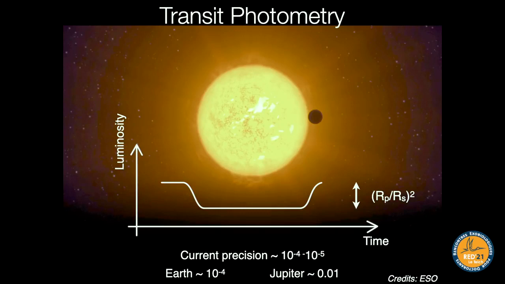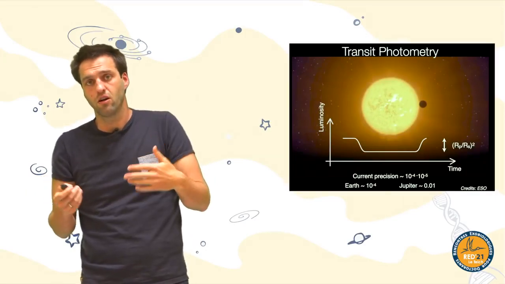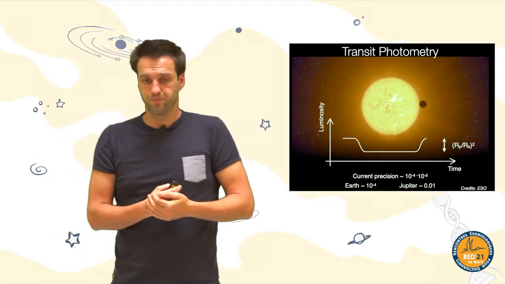Now, this method is very complementary, because here we see that this drop in luminosity is proportional to the area that the planet covers relative to the area of the whole star. So basically, this drop is just proportional to the radius of the planet divided by the radius of the star, to the power of 2.